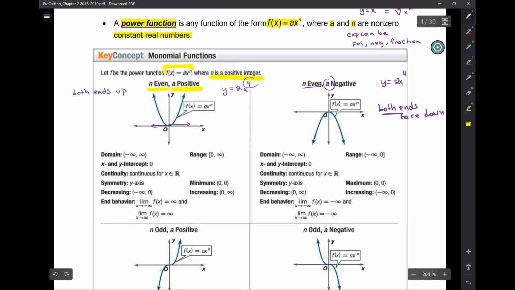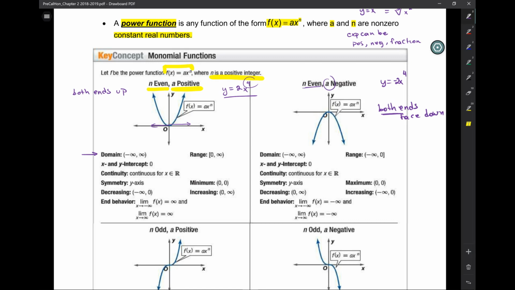Okay, so if you have a function like this, what is the domain? Is there a value of x that you cannot plug into this function? No. Any value of x works in the function. That's why the domain is negative infinity to positive infinity. Range, right? When you have 2x to the power of 4, think about your y values.